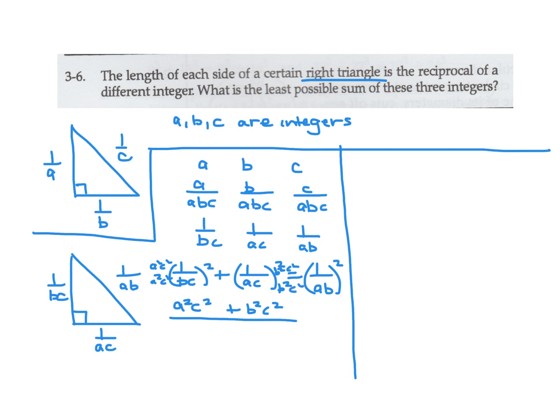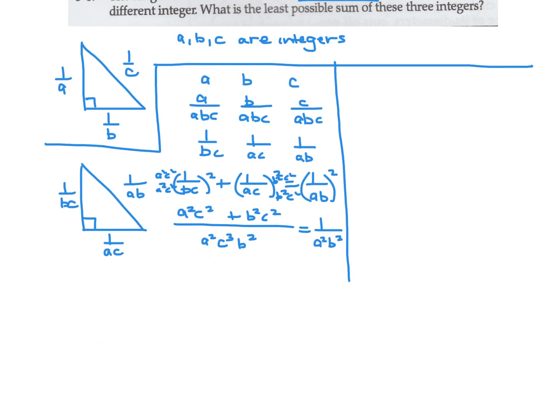So that's how I got A squared C squared plus B squared C squared. And then on the denominator I'd have A squared C to the power of 4 B squared, and then on this side you'd have A squared B squared. Okay, so let's clean this up a bit. If I cross multiply, I'd get A squared C to the fourth B squared over A squared B squared.